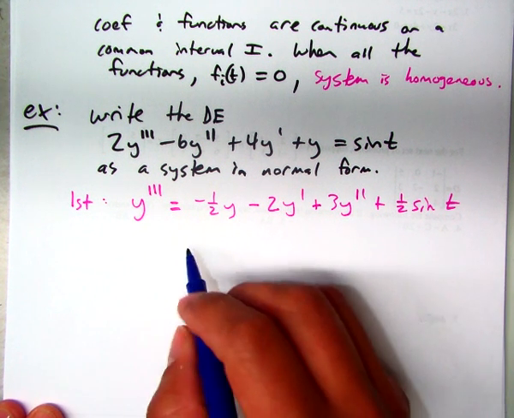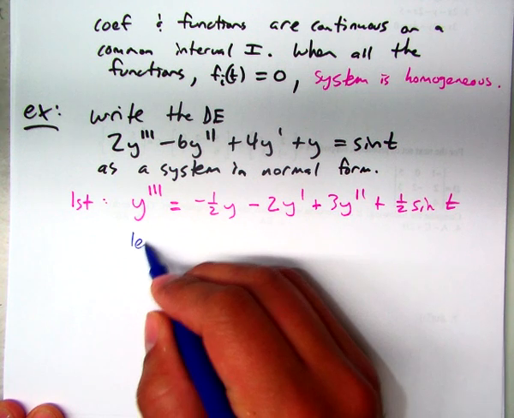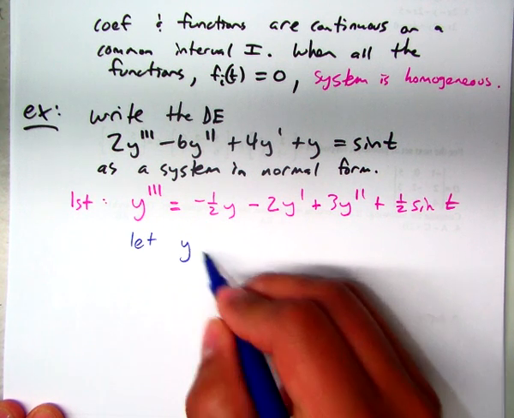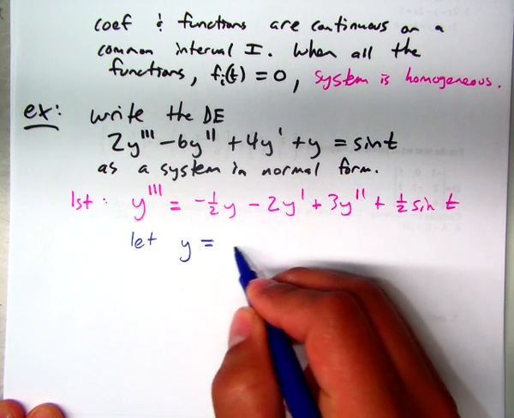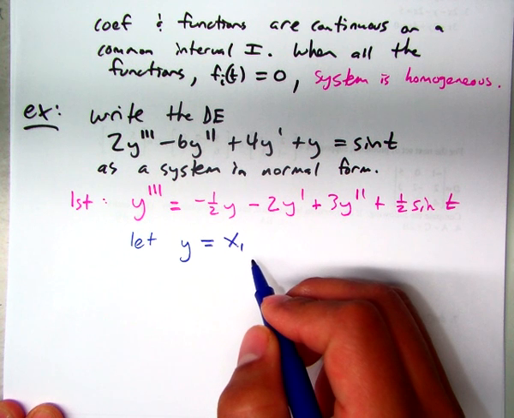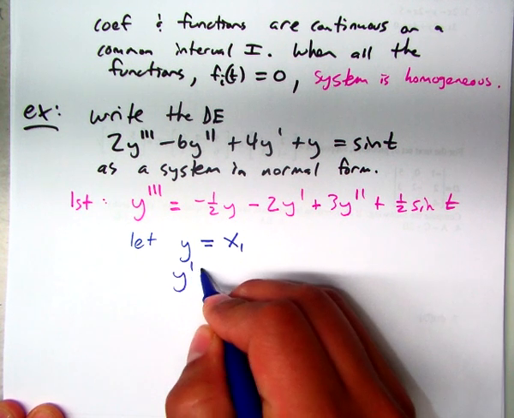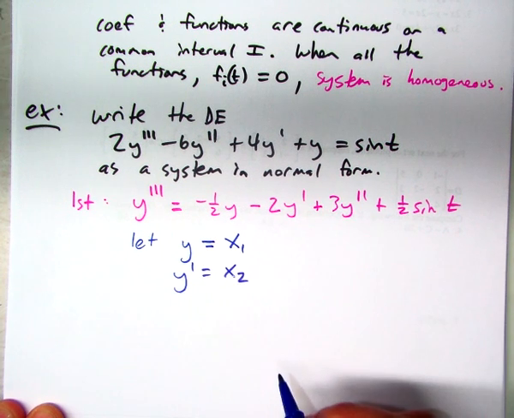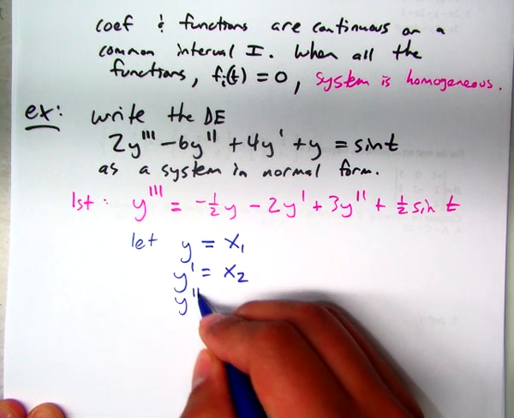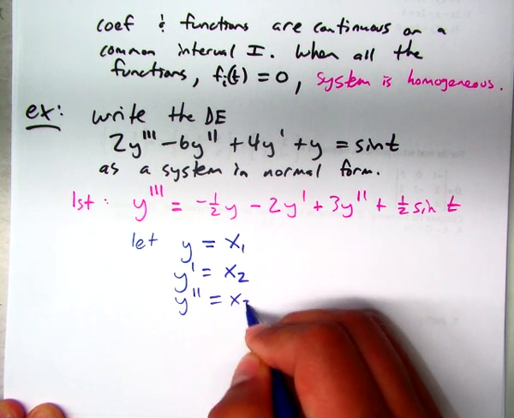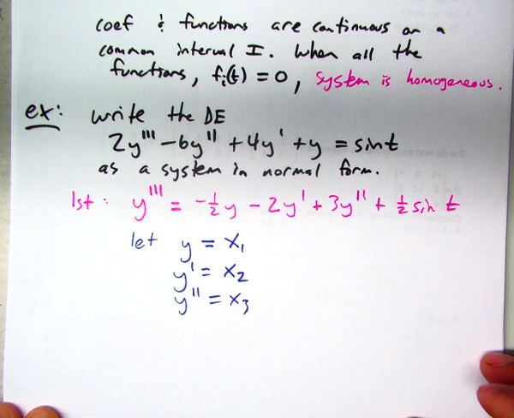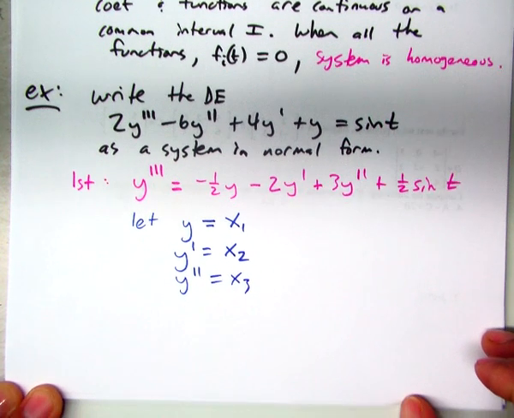And now what we do is introduce some variables here. So we let y equal x1, we let y prime equal x2, and we let y double prime equal x3.